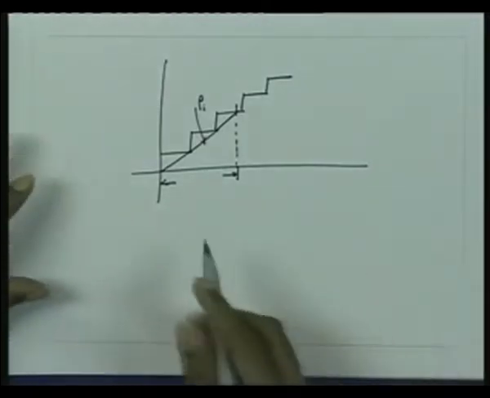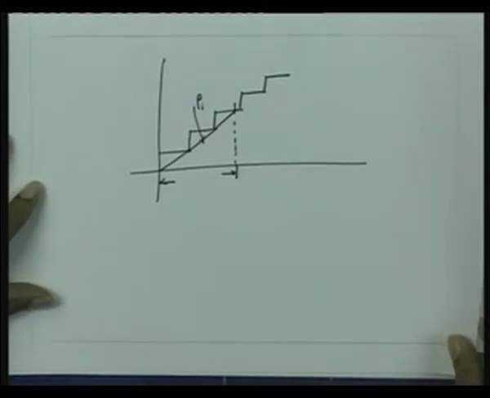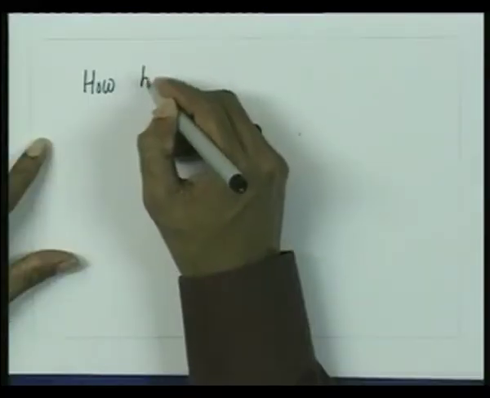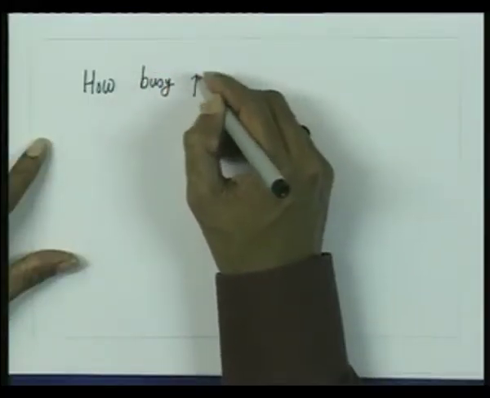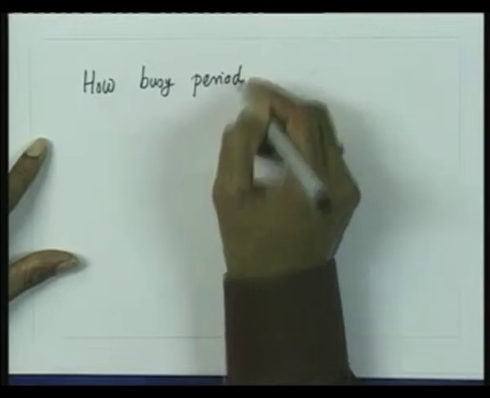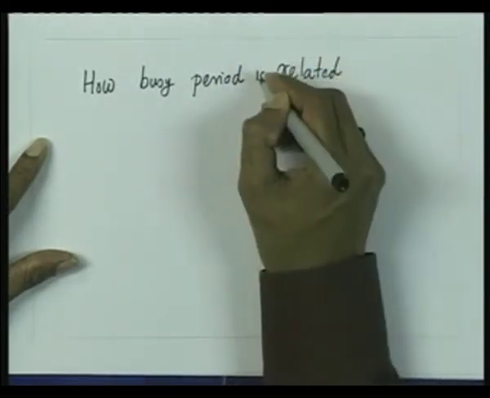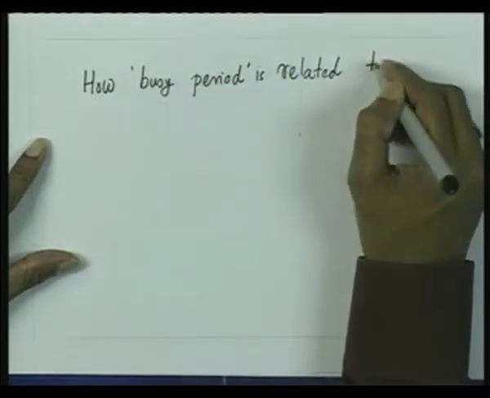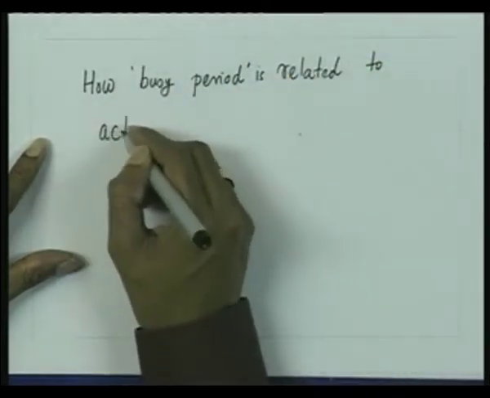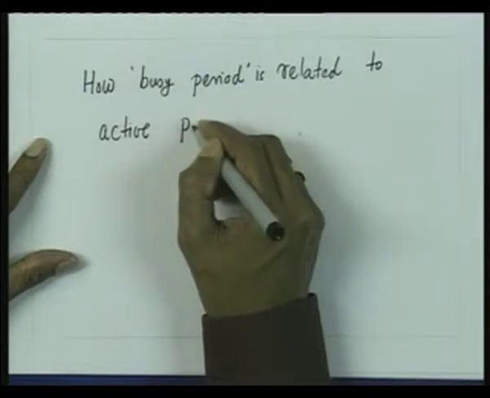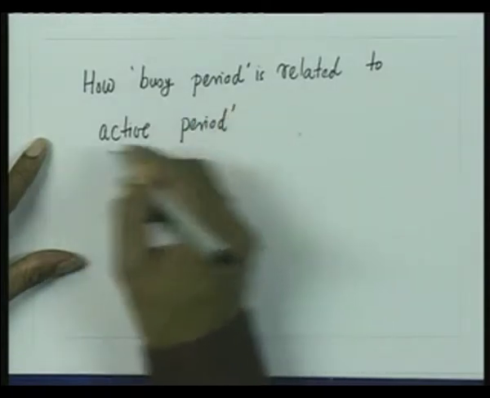Okay. Now we would like to ask these questions: how is the busy period related to the active period in rate proportional servers?